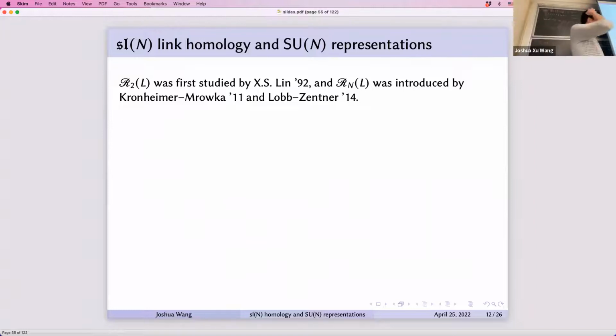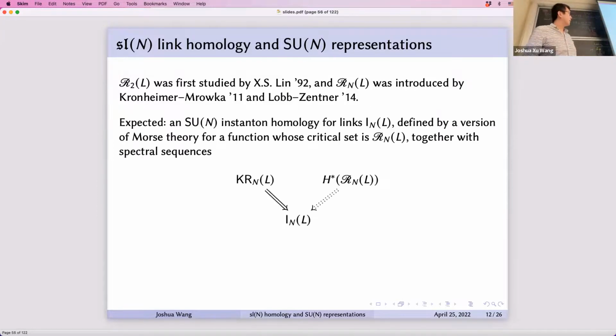Okay, so I'll note that the traceless SU(2) meridian representations, that space was first studied by Xiaosong Lin. And then this generalization to SU(N) was defined by Kronheimer and Mrowka. Right. And so just like in the Khovanov picture, you'd expect something similar for Khovanov-Rozansky homology, for sl(N) homology.